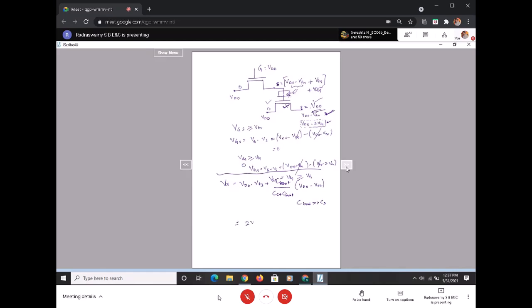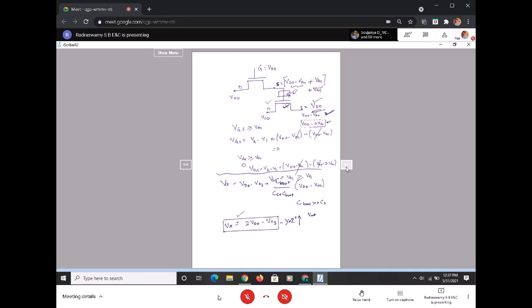It becomes 2 times VDD minus VT3 minus VOL, or VOL is 0. I can simply take it as something like this. Yes or no? VOL is basically Vout. So when VOL increases, there will be an increase in Vx also.